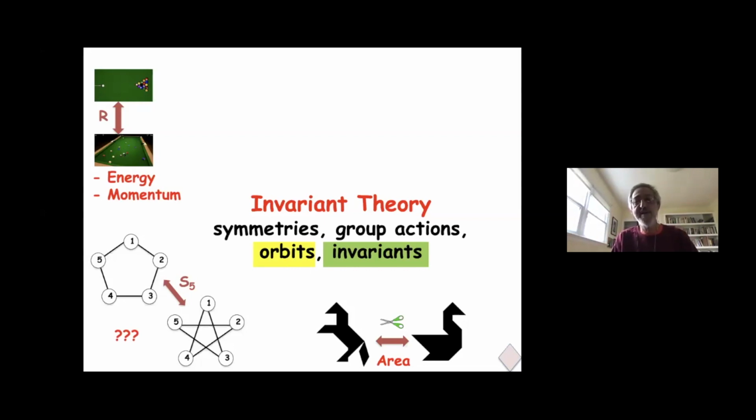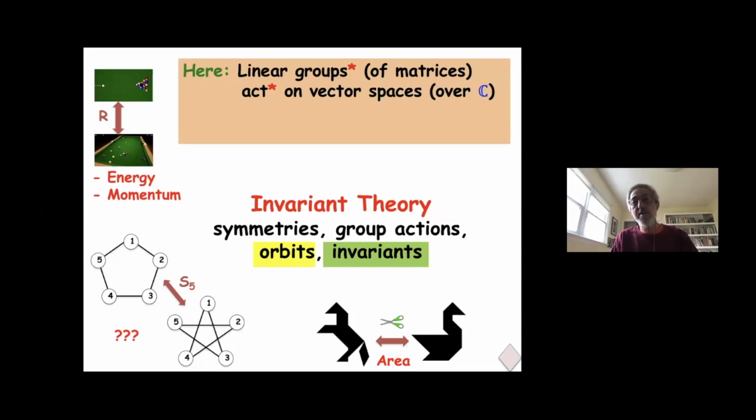It's complicated. Okay, so in the rest of the talk, the groups we will talk about are linear groups of matrices that act on vector spaces. It will always be over complex numbers. And these red stars indicate that I will cheat a lot in that I will not specify all the time which groups I mean and what actions I mean.